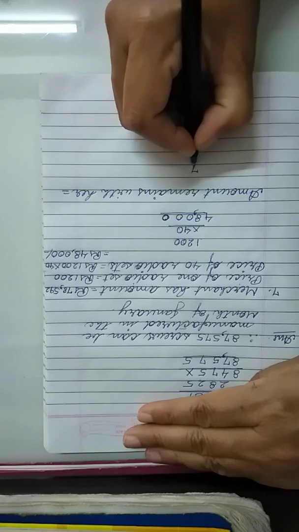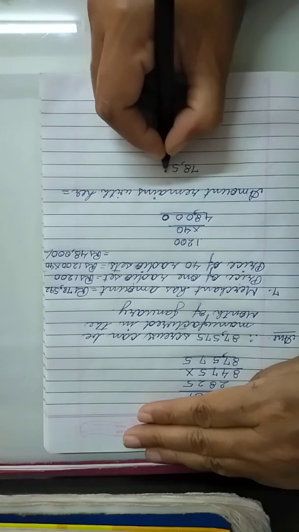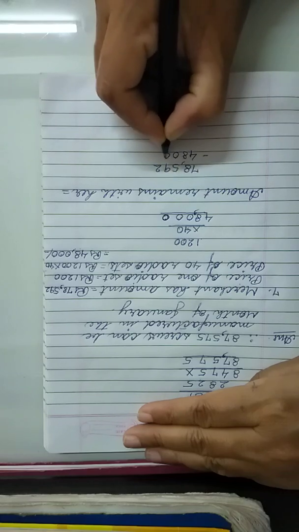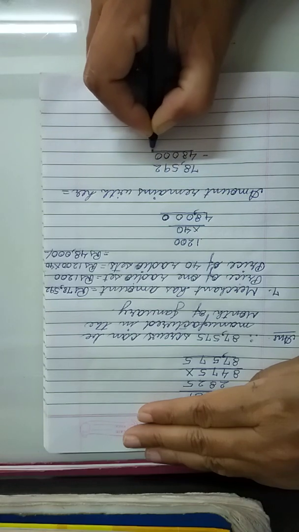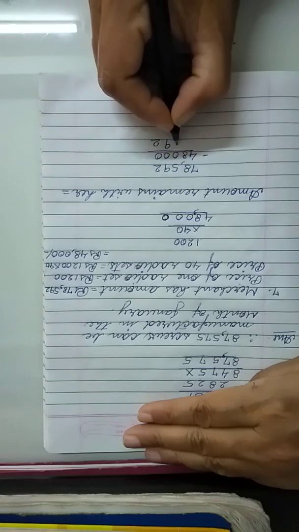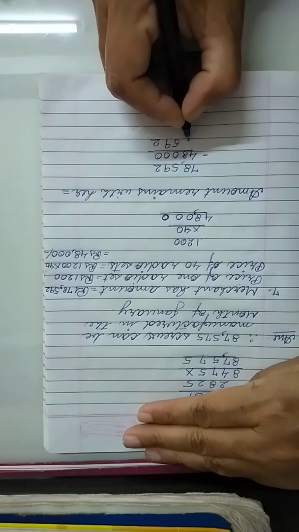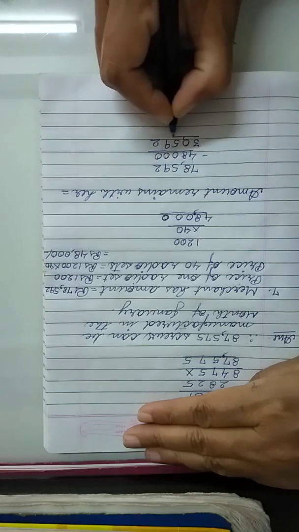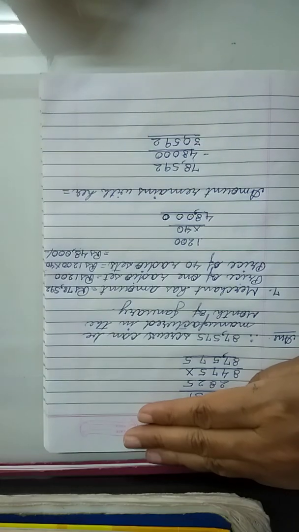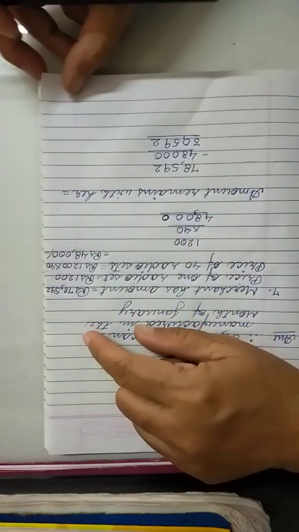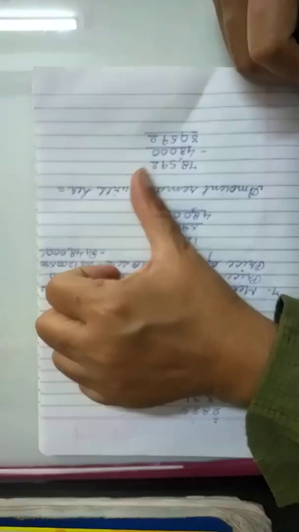So we will subtract it, 78,592 minus 48,000. 2 minus 0, 2, 9 minus 0, 9, 5 minus 0, 5, 8 minus 8, 0, 7 minus 4, 3. So 30,592 is the amount left with the merchant after purchasing the radio sets. So now we write down the answer here.